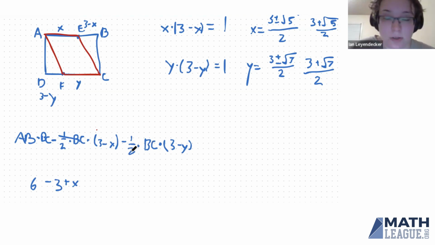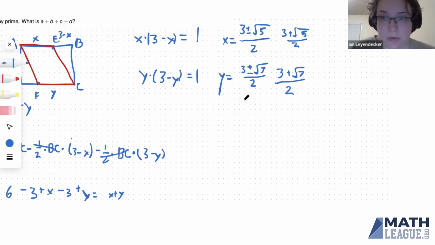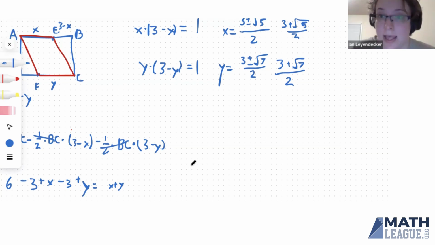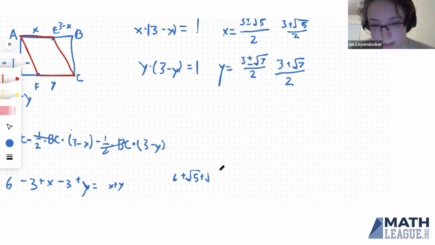And again, BC is 2, so 1/2 times BC is 1, and we get minus the quantity 3 minus Y, or minus 3 plus Y, which simplifies down to X plus Y as the area of our quadrilateral. And X equals 3 plus root 5 over 2, Y equals 3 plus root 7 over 2. Adding these together, we get 3 plus 3, which is 6, plus root 5 plus root 7 over 2.